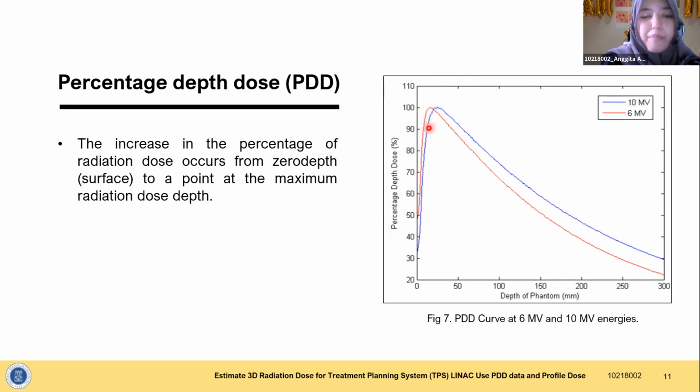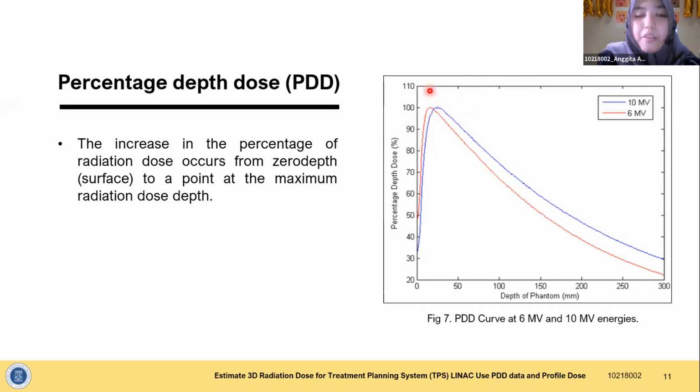And the area before it is known as the build up area. The build up area may occur due to high energy photons being fired towards the electrons of the medium atoms. So the atoms ionize due to the presence of atomic electrons that absorb energy higher than their binding energy.